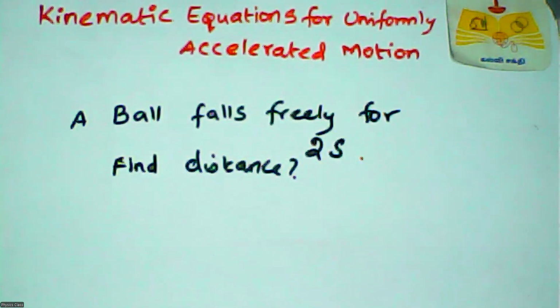What is the distance? How to find the distance? You can recall your three kinematic equations and take any one that is related to this problem, the first or the second, but you have to find the distance.